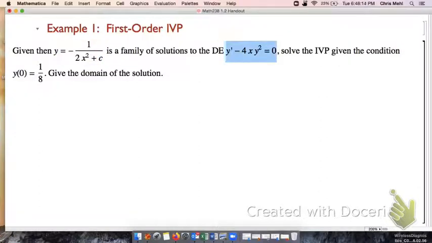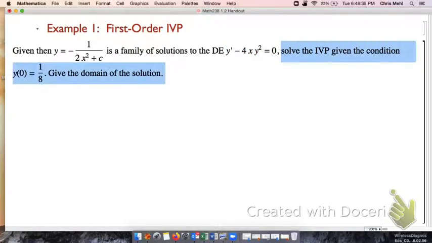It turns out that if we're given this function y, then y, its derivatives, and x are all related in this way, so it's a first order differential equation. We have the family of solutions. It says solve the initial value problem given the condition y of 0 equals 1/8, and it says give the domain of the solution or interval of solution as well.